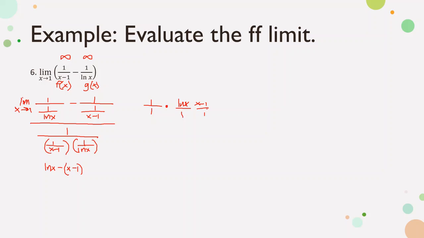So after that, let us combine this one as well. We have 1 over 1 over x minus 1 times ln x.